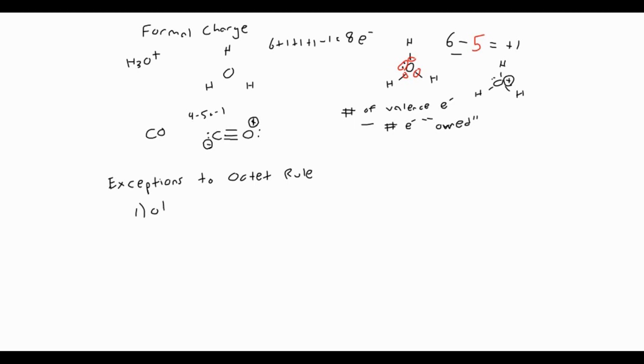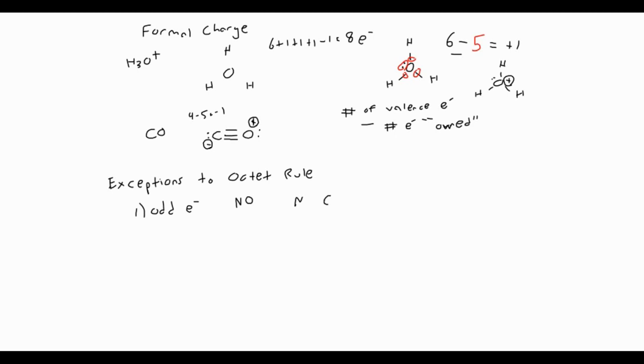So our first exception is an odd number of electrons. If we take nitrogen monoxide, which is another toxic gas that's produced in automobiles, it's a greenhouse gas, we have 11 electrons to work with, 5 from the nitrogen, 6 from the oxygen.